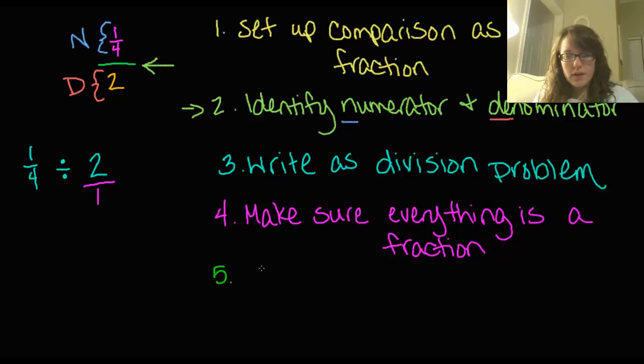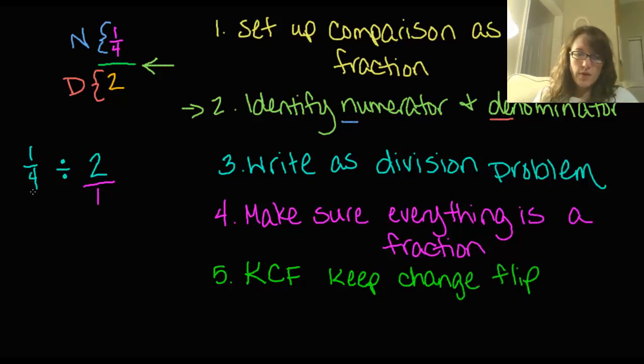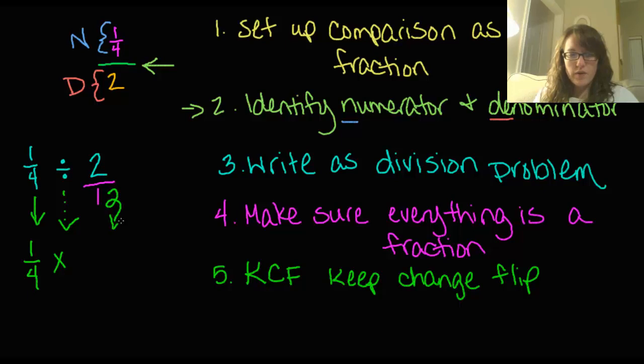And then my last step, step 5, is KCF, or keep, change, flip. So I keep the first fraction the same. I change division to multiply, and I flip the second fraction over so that it's 1/2.